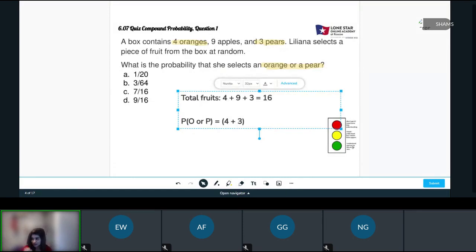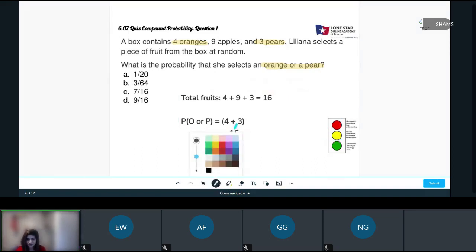The word or is talking about adding over the total, that is 16 fruits. So 4 plus 3 over 16. Nina says 7/16. I agree. Answer 7/16 looks correct. Answer choice C is correct.